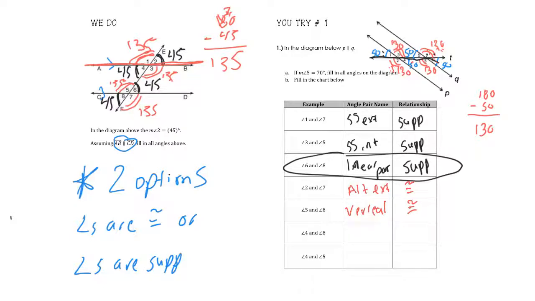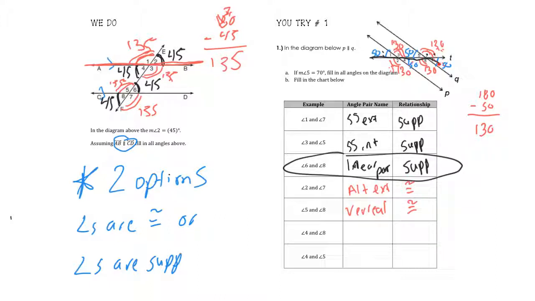4 and 8, this one's always a little confusing for people because one's on the inside, one's on the outside. So it's not alternate interior, alternate exterior, same side interior, or same side exterior, because one's inside, one's outside. So when that's happening, you might get confused, but remember, 4 is in the bottom right-hand corner of these 4 angles. 8 is in the bottom right-hand corner of these 4 angles.